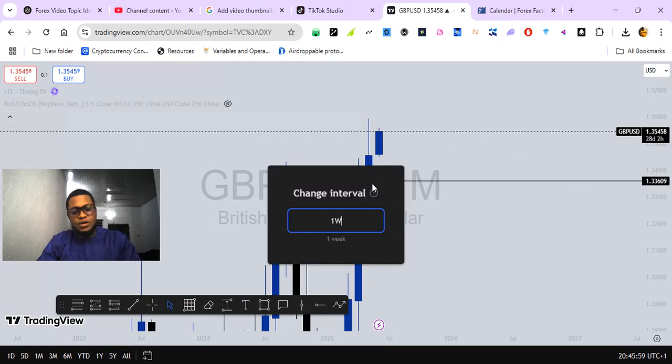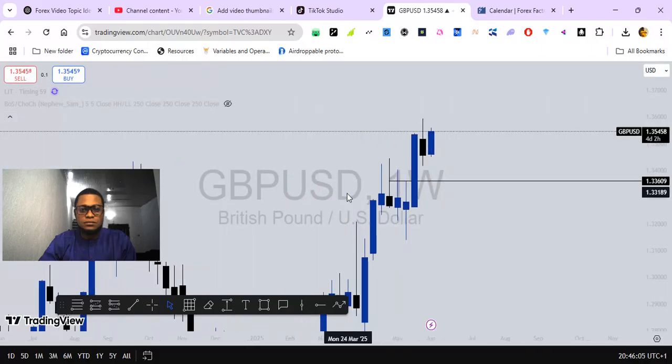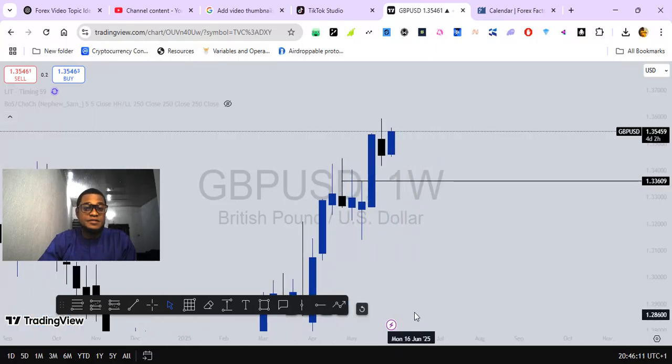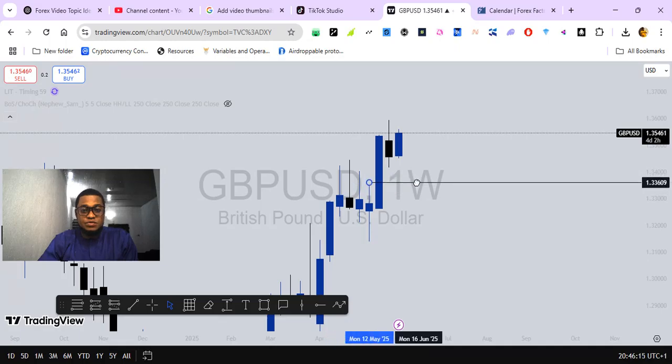So I quickly rush down to 1 week to see what I have on the weekly time frame. You see, it's still pointing to me a fair value gap on the weekly time frame. So you see, it's becoming clear. If you watch closely, this is a fair value gap on the weekly time frame.